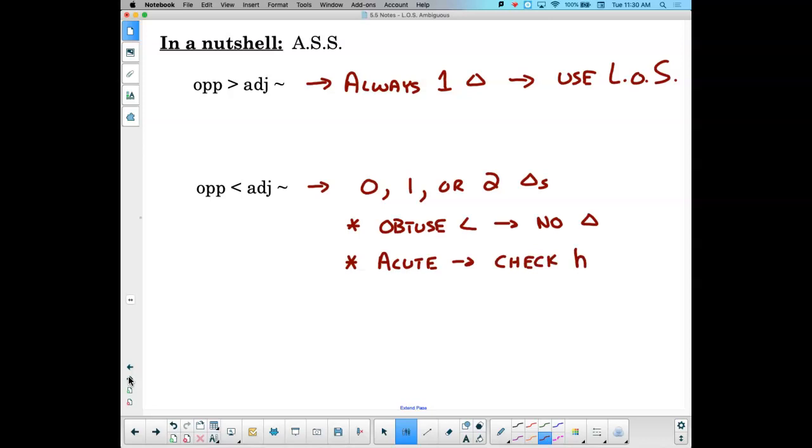If your angle is acute, then you need to check the height. And if the height is equal to the opposite side, one right triangle. If the height is longer than the opposite side, no triangle. If the opposite side is longer, two triangles.